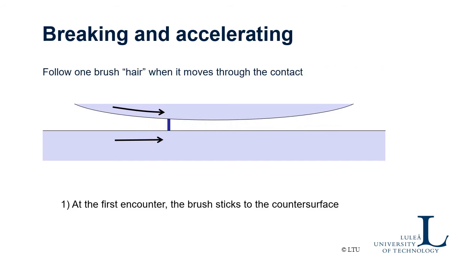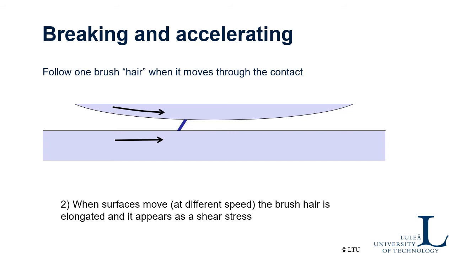So what is happening when we follow one brush or one hair of the brush, then when it first comes into contact with the counter surface, the brush sticks to the counter surface due to adhesion forces.